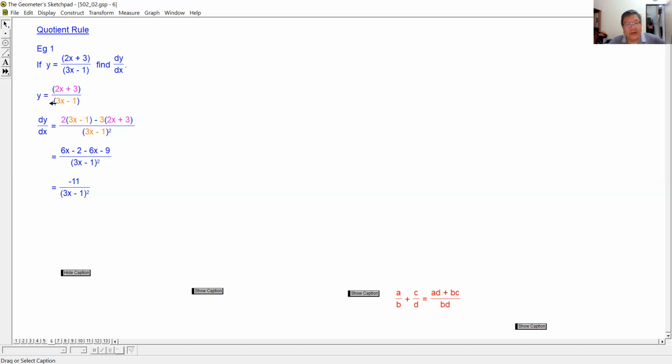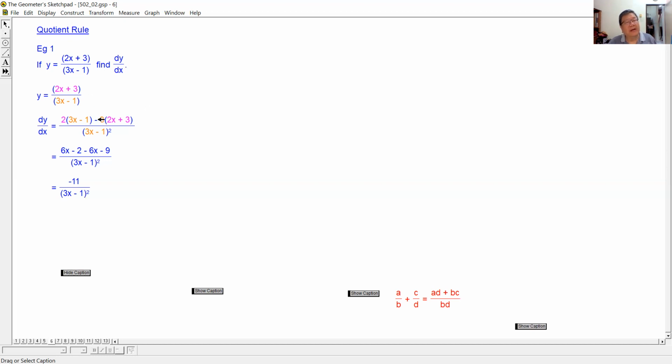And the bottom is orange color, and I just keep the orange color, copy down exactly the same. Differentiate the pink color, keep the orange color. It has to be top first, then bottom.